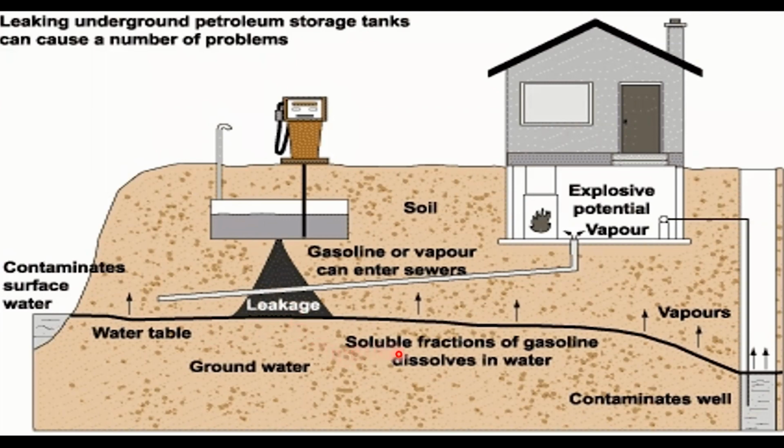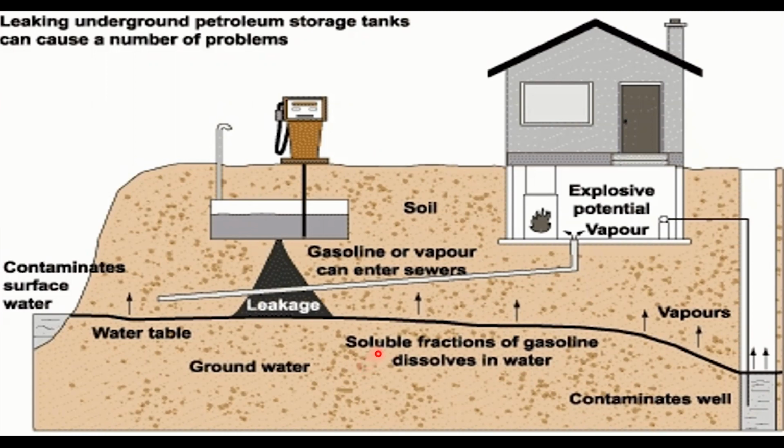They say here that soluble fractions of gasoline dissolve in water. The reason they say fractions is because gasoline is not by itself a chemical compound. It is a soup, if you wish, of over 200, maybe over 500, I don't remember right now, but for sure over 200 different chemical compounds.